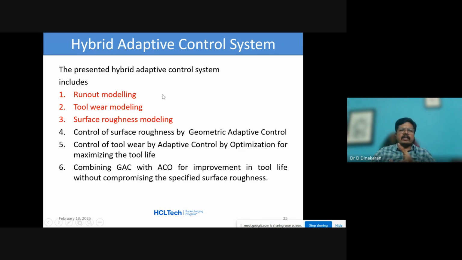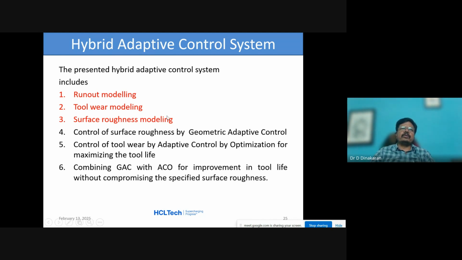That plot I have. There are 100 different configurations of runout induced, and I observed that there is a progression in the runout and the corresponding vibration and force signals. Maybe 15 to 16 experiments I could show here.